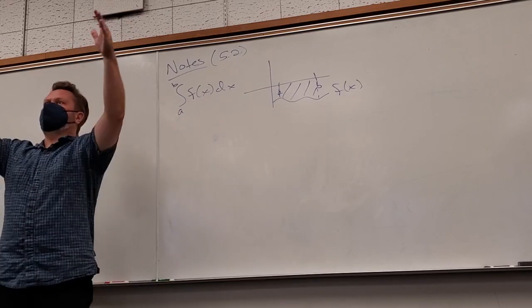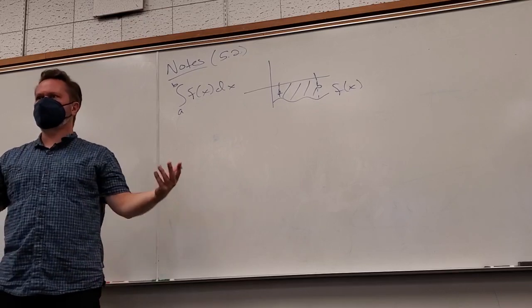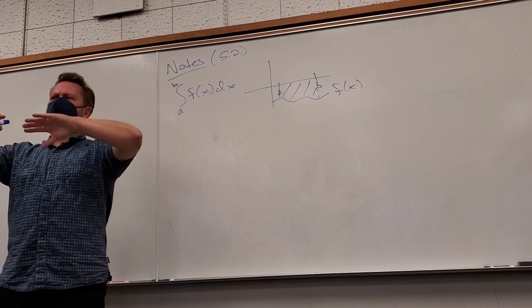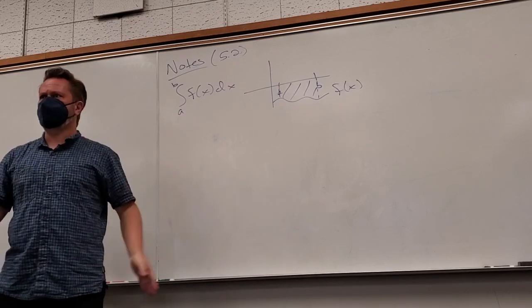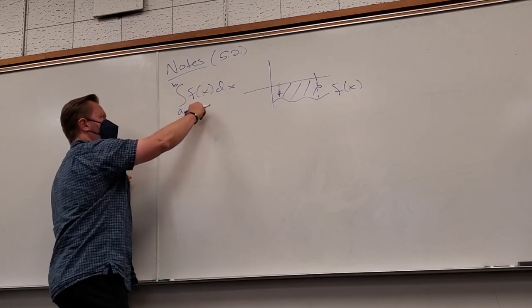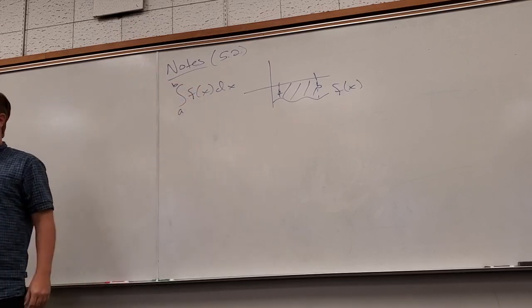But you can't tell me that this triangle has a -7 feet squared area. You see the difference between the two things? Some teachers are very reticent to say negative area, which is silly. Negative area is fine. So this represents the area between the x-axis and this function from a to b. I like it.